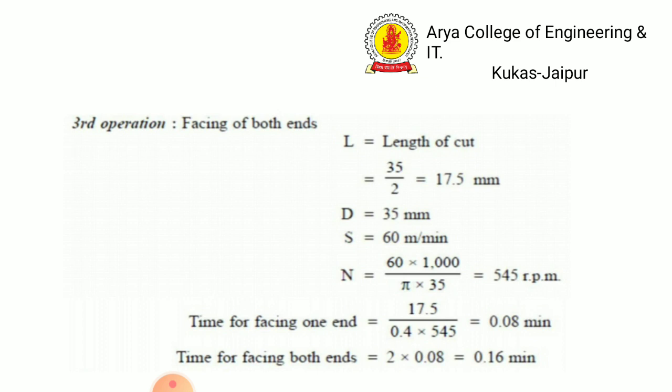So time for facing one end is 17.5 divided by 0.4 times 545 equals 0.08 minute. Time for facing both ends means twice the time, so 2 times 0.08 equals 0.16 minute, the time taken for the third operation. So this turning example is completed in three operations: first, second and third.